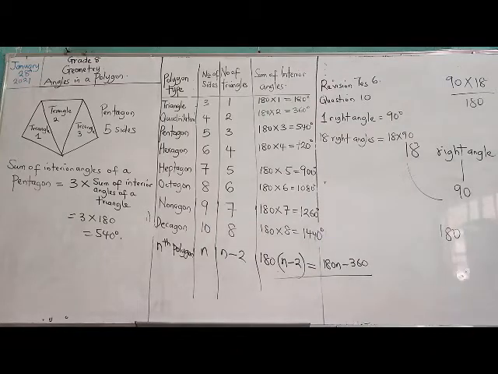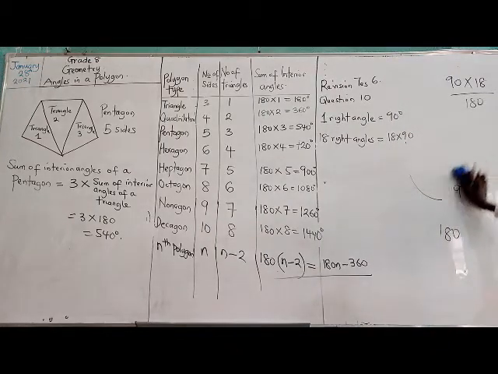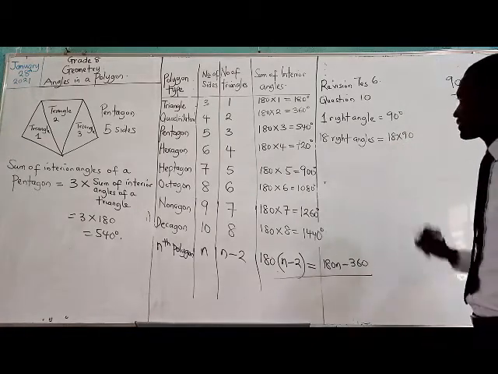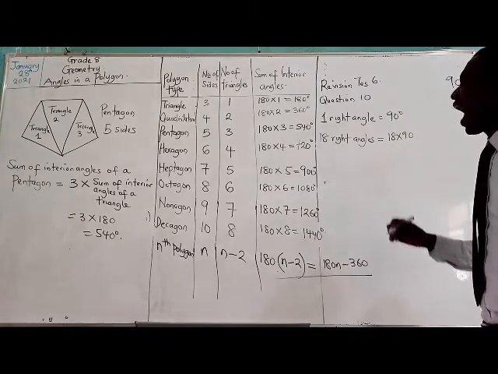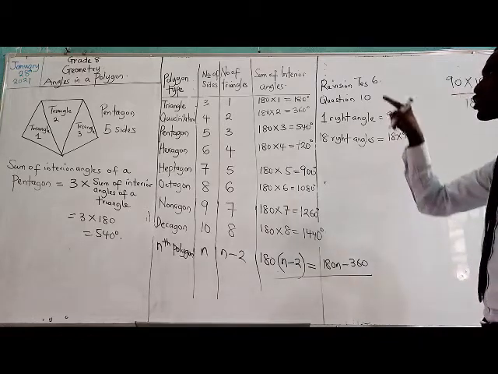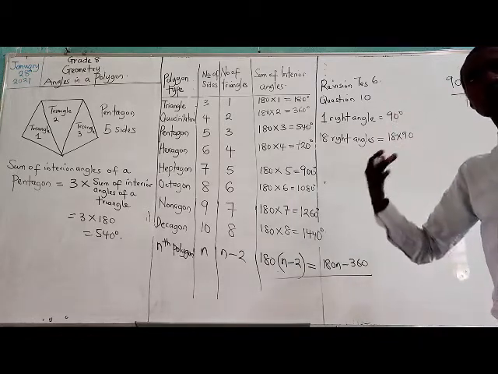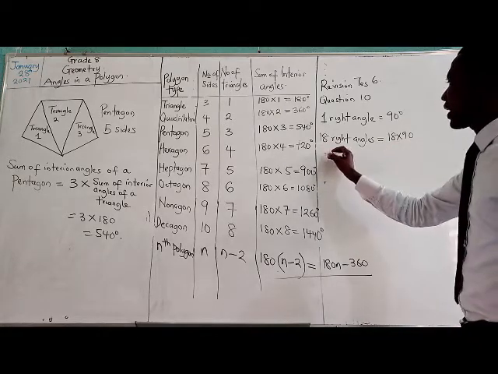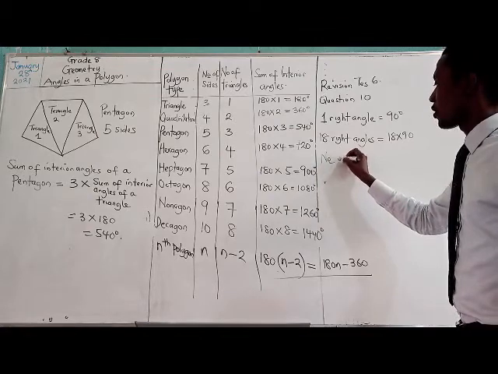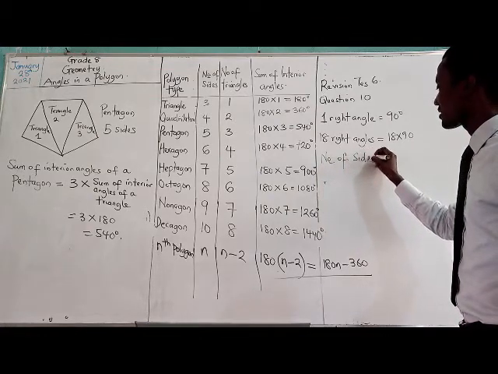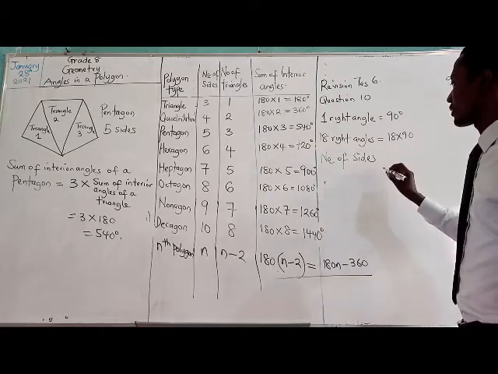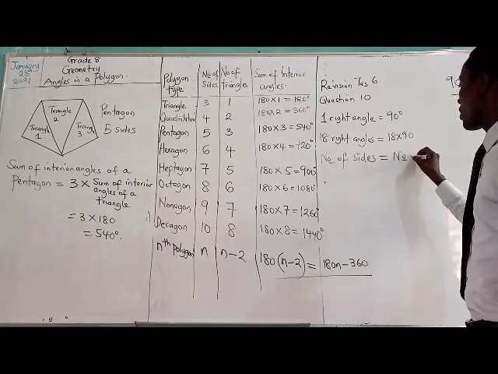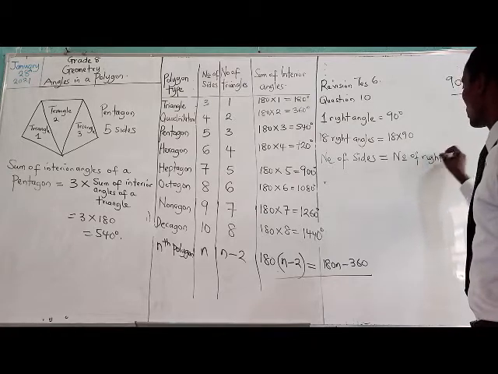So 18 right angles will be what? 18 times 90. Let's write this on the board so we don't get confused. Remember that the concept of the sum of interior angles is a concept of the number of triangles.